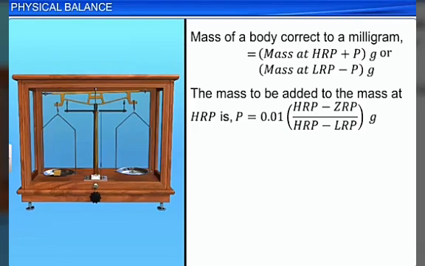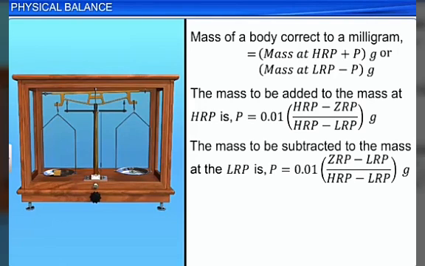In other words, the mass to be subtracted from the mass at the LRP is P = 0.01 × (ZRP − LRP)/(HRP − LRP) gram. By adding or subtracting the values of P to the mass at HRP or LRP respectively, we will get the mass of the body correct to a milligram.